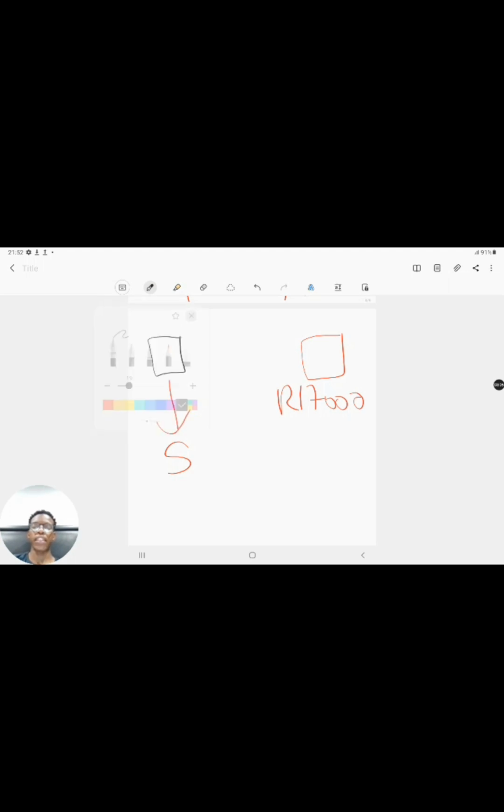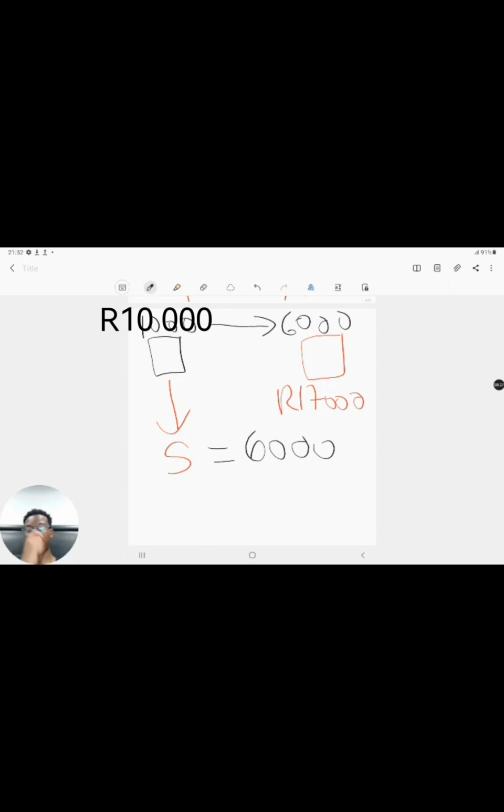You know that this machine is 10,000 today, but after 5 years, let's say it is worth 6,000. Now you sell this machine for 6,000, so S is equal to 6,000.